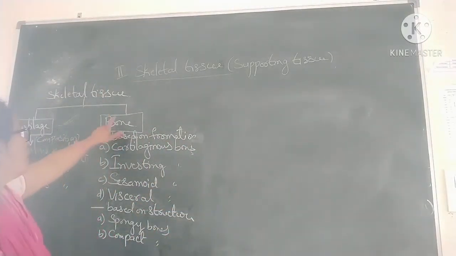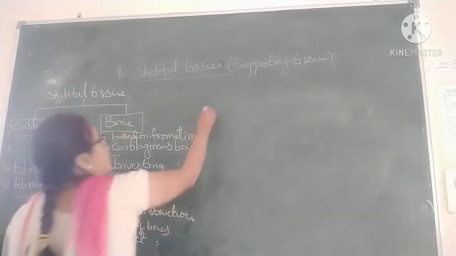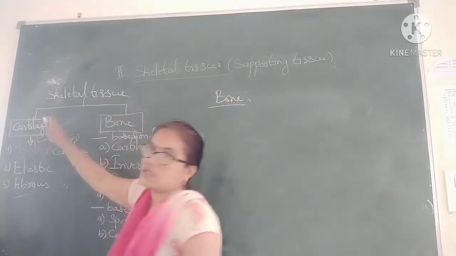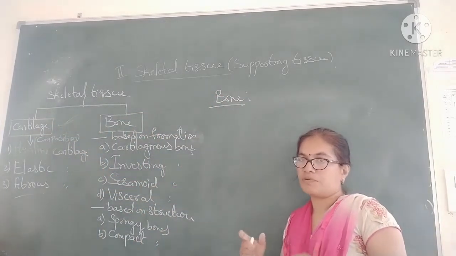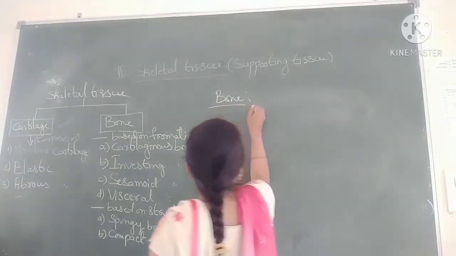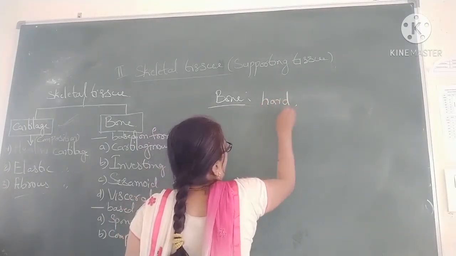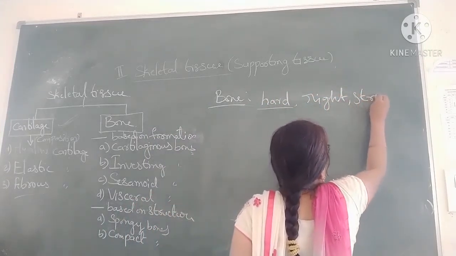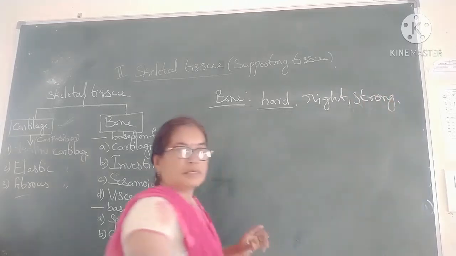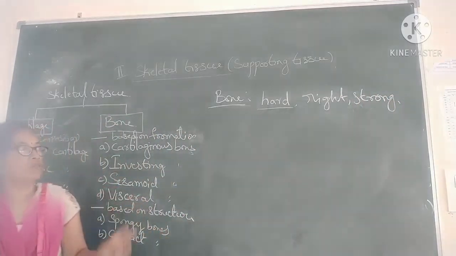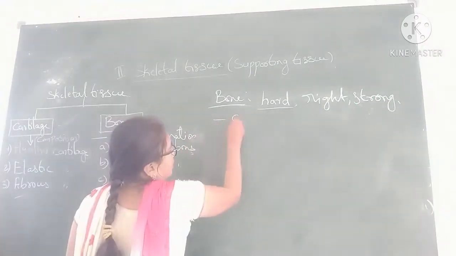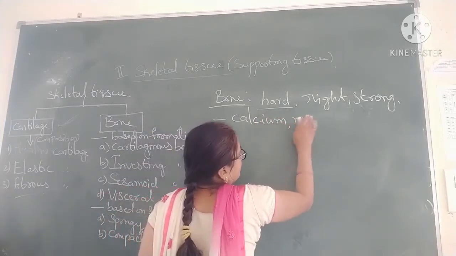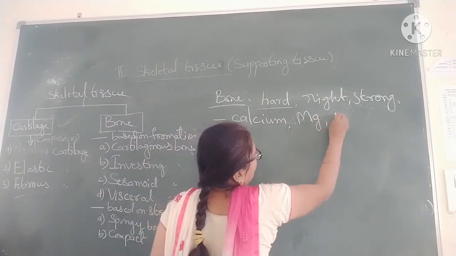Now, bone. Cartilage is semi-flexible and soft, but bone is hard, rigid and very strong. It contains calcium, magnesium and phosphorus.